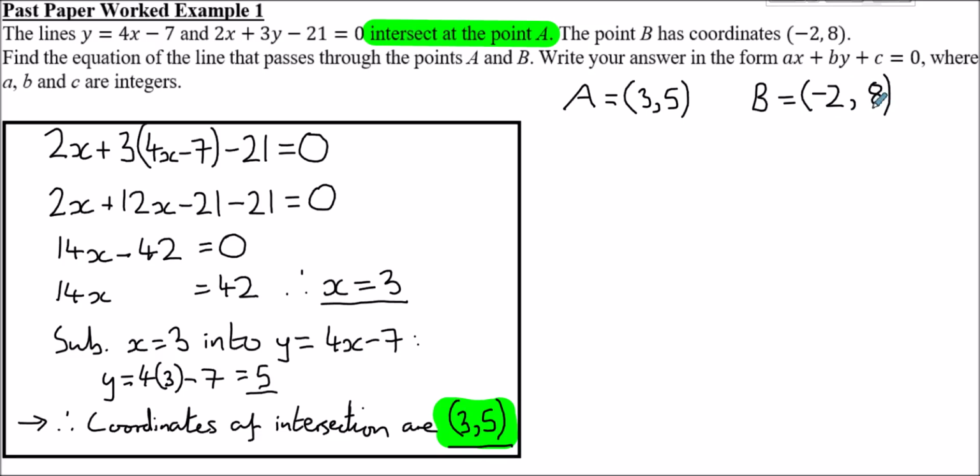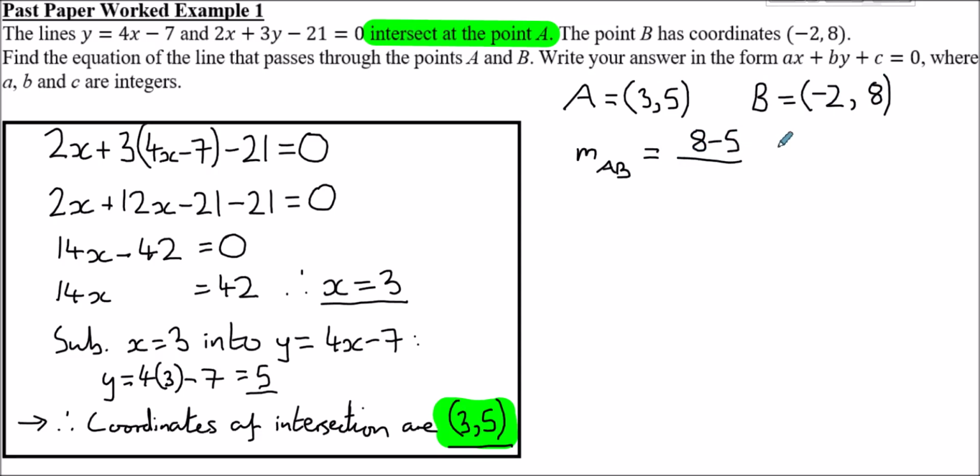Because we want the equation of a line that passes through A and B, let's work out the gradient of a line that goes between A and B. Whether we go from A to B, or from B to A, it doesn't matter. So let's take the y-coordinate of B, which is 8. The change in y from B to A is 8 minus 5.